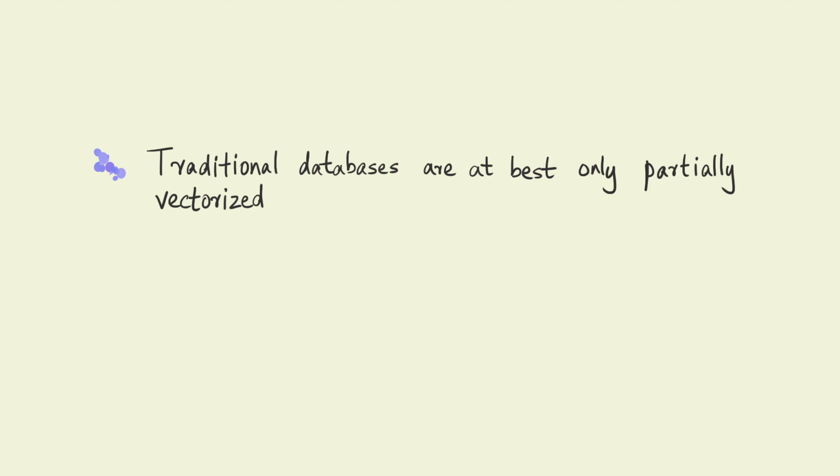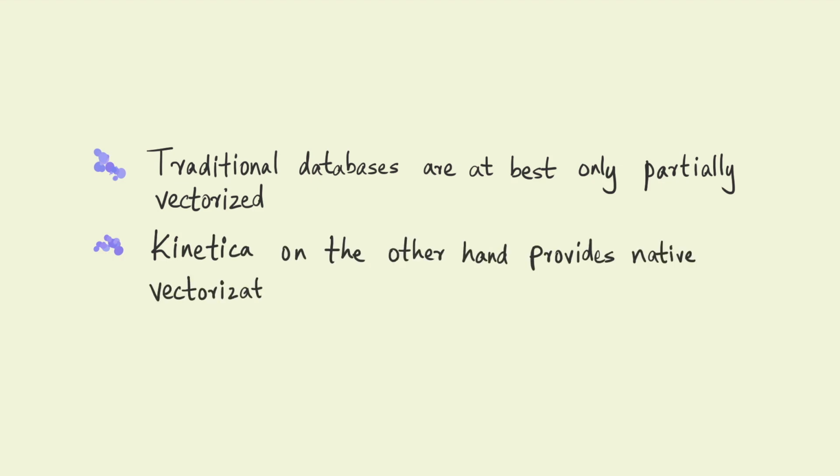Unlike Kinetica, these traditional databases incorporate only partial vectorization, limited to specific operations such as filter or some aggregations, and continue to use outdated and less performant modes of computation for other analytical tasks. These solutions also only leverage vectorization on the CPUs. Kinetica, on the other hand, provides native support for vectorization on both CPUs and GPUs.